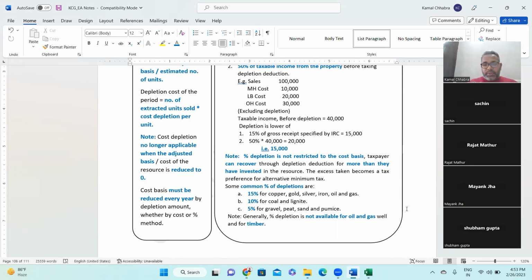The taxpayer can recover through the depletion deduction more than they have invested in the resources. The excess taken becomes a tax preference for alternative minimum tax. In the alternative minimum tax, it will be added back, but for normal tax purposes, you can take it as a deduction.